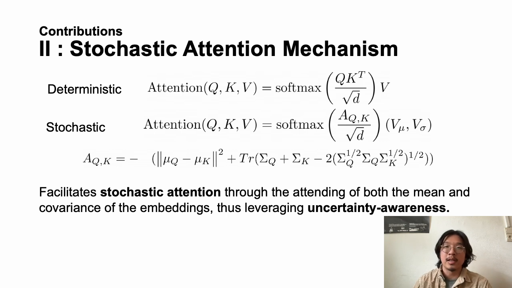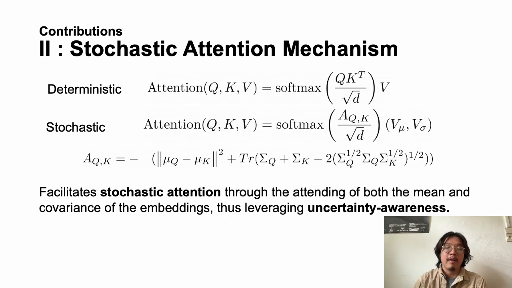So we have mean and variance weights, and they follow normal distributions. Because we are passing uncertainty through all the layers of the transformers, we need to modify the attention as well. In deterministic attention, it is a dot product between the query, key, and value vectors, as we see here. In the stochastic one, we now have distributions of the query, key, and value vectors. We couldn't really do a dot product there, so we find the products between the Gaussian distributions.